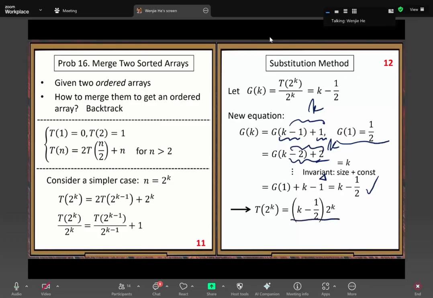But you need to go back to n, in terms of n, because k is a temporary variable. So we need to go back to the original variable n. n equals 2 to the k, so k equals log base 2 of n.